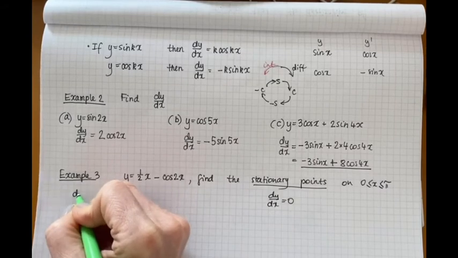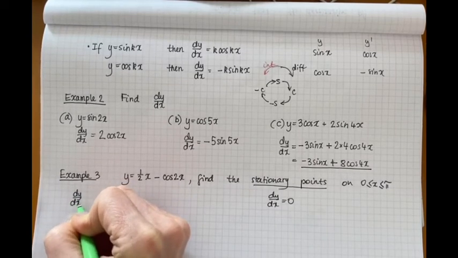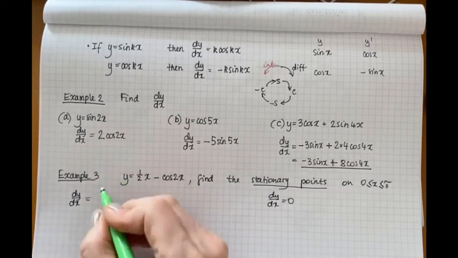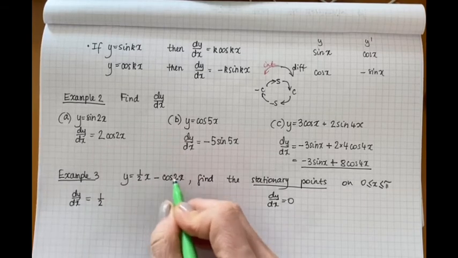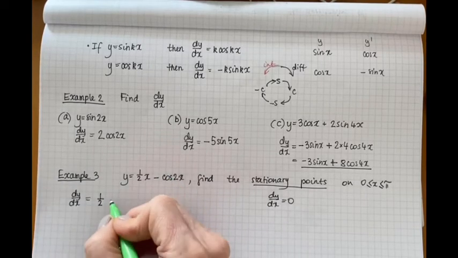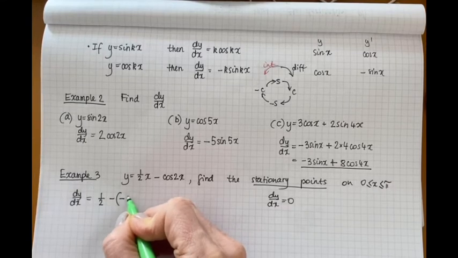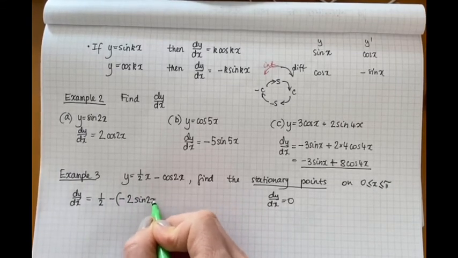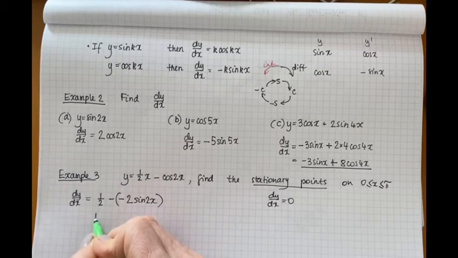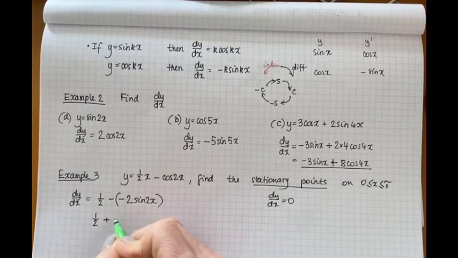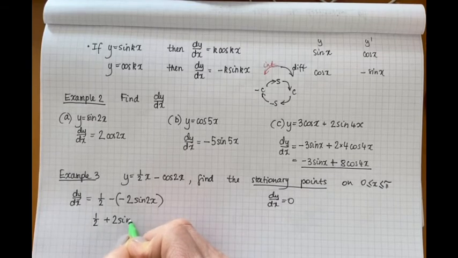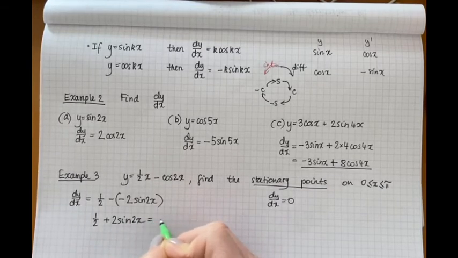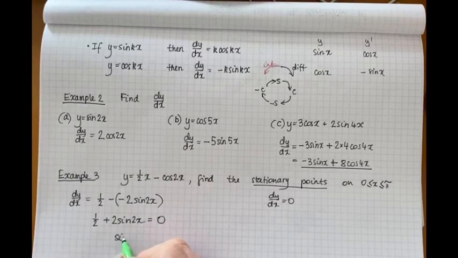So dy dx: differentiate a half of x, that goes to a half, and cos 2x goes to minus 2 sine 2x. So that means a half plus 2 sine 2x is equal to 0. So that gives me sine 2x is equal to minus a quarter.